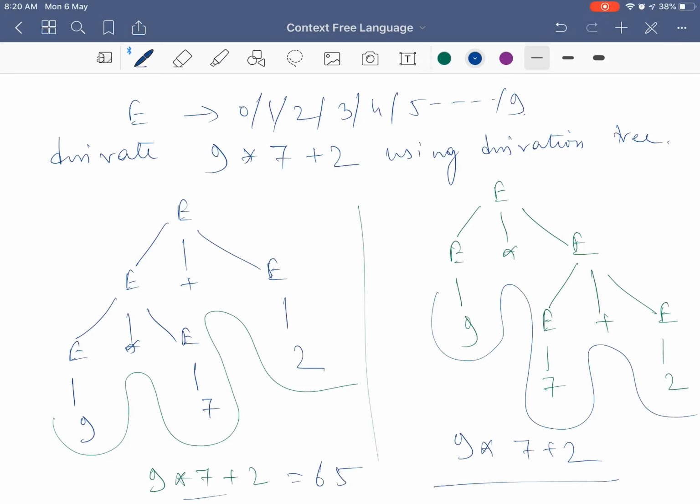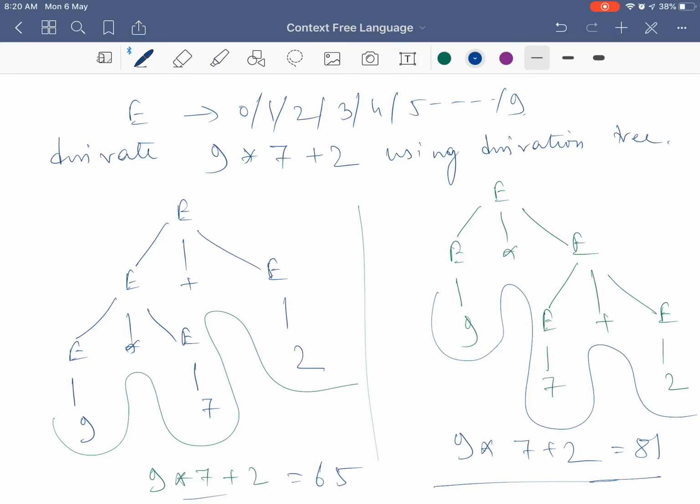In the second, you first have to do the addition, that means 7 plus 2 is 9, then 9 into 9 is 81, right? So the same expression, evaluated using two different derivation trees, gives two different results.